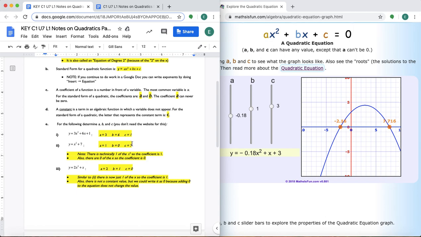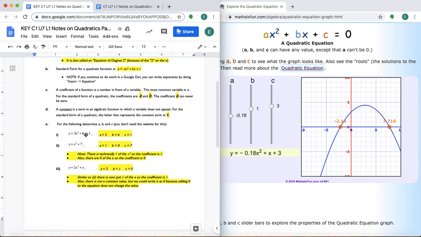Now, let's practice identifying what these letters should be, a, b, and c, depending on what equations they give us. So the first one, 3x squared plus 6x plus 1. Well, the a always goes with my x squared, like what we have up above. So my a is going to be 3 because it's 3 times x squared.